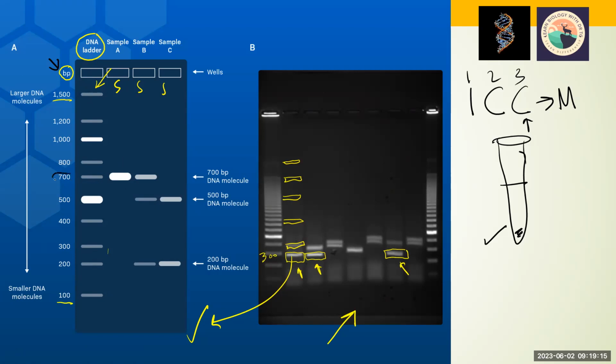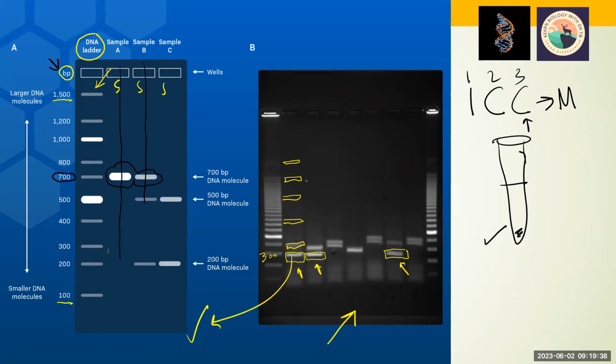If it is 700, then I can take these two bands, because this is one lane, this is a second lane, for example. I can guess, okay, it is in front of 700 base pairs. This may be my gene.